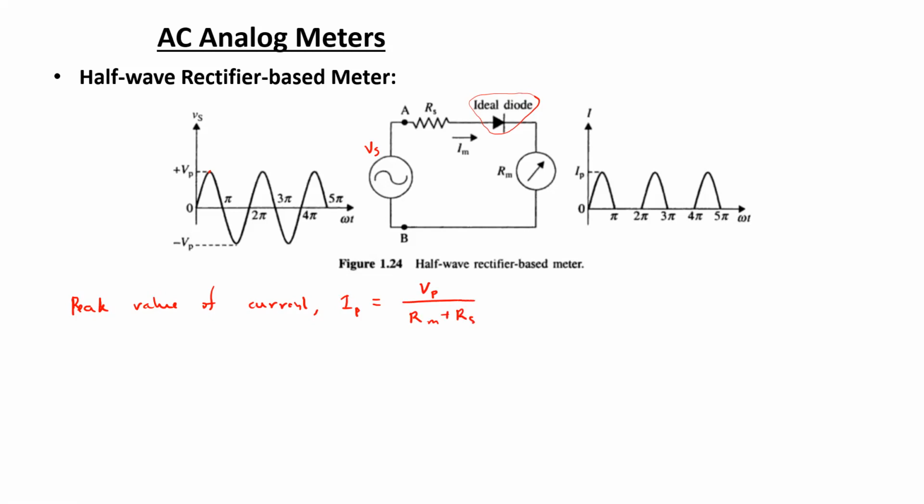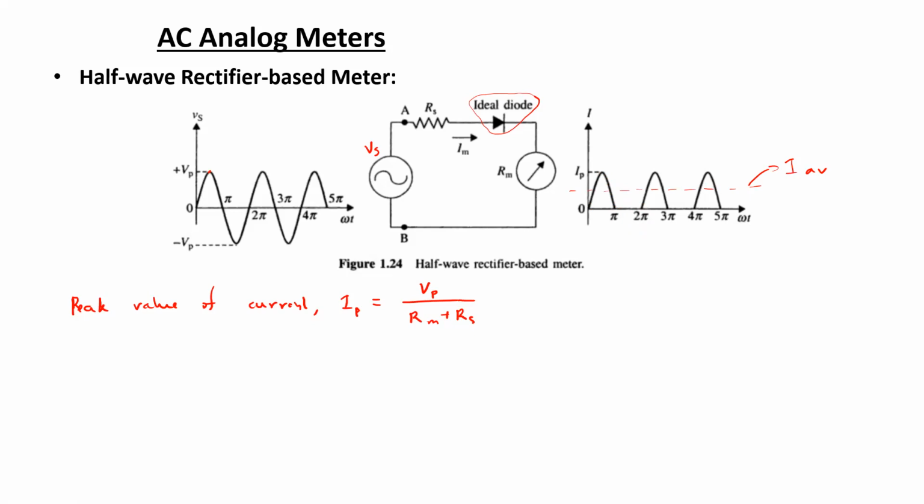Now in this case, the deflection will take place in terms of the average value of the rectified current. So the rectified wave shape we are getting over here: in the positive cycles we are getting the current flow, in the negative cycle we are not getting any current flow. So overall the average current will cause the deflection of the PMMC.